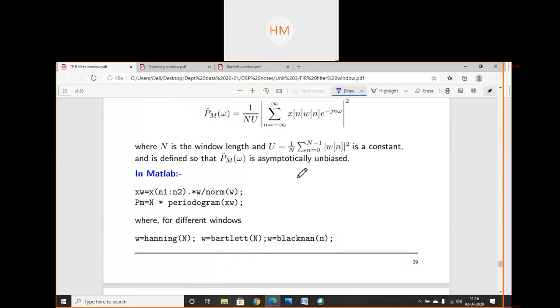See, this is the MATLAB program for all window functions, Hanning, Bartlett, and Blackman. Periodogram is the graph of these filters. To get this filter graph, you have to use periodogram.